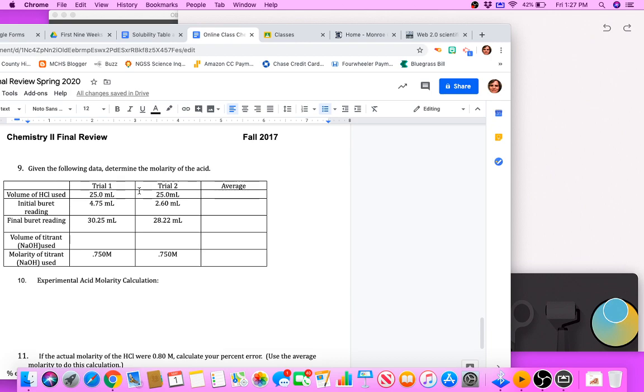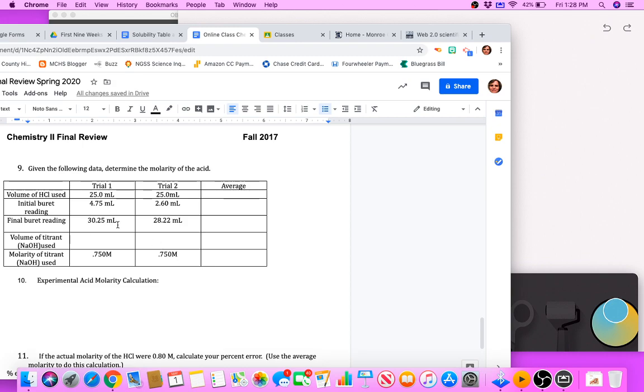So I've got to look at the places past the decimal in this table and make sure that my places past the decimal are the same in the row all the way across. So in this row, I have 25.0, 25.0. Well, that needs to have 1 place past the decimal. This row will need to have 2 places past the decimal because there are 2 places past the decimal in these measurements in this row. This row will also need to have 2 places past the decimal. This row, well, this one's going to stay the same.